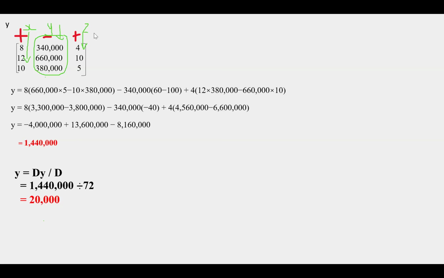So we're going to replace all the y values with 340,660,000, and 380,000. So now the next thing we do, we derive the 2 by 2 matrix from the 3 by 3 matrix.